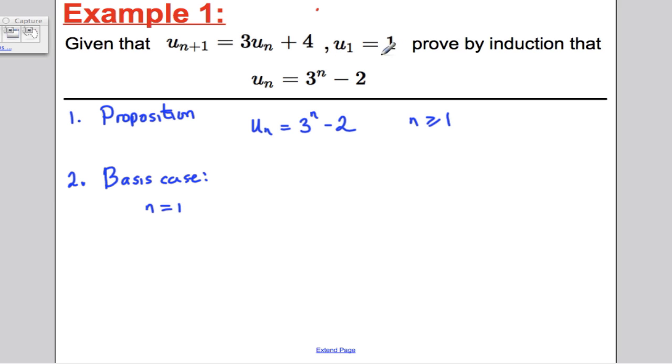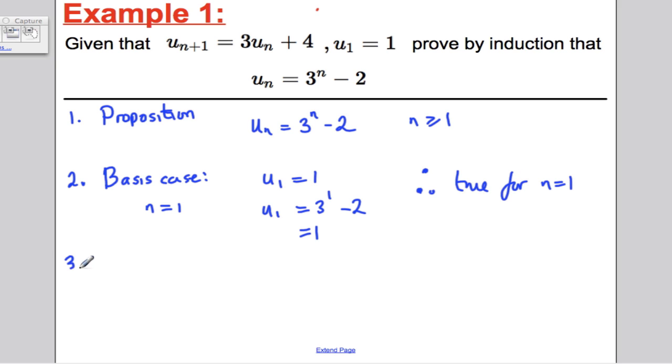Now we are told u1 is equal to 1, but on the other hand, u1 using this formula would be 3 to the 1 subtract 2, which again is 1. And therefore, we know that this formula works for n equals 1. So therefore, true for n equal 1.